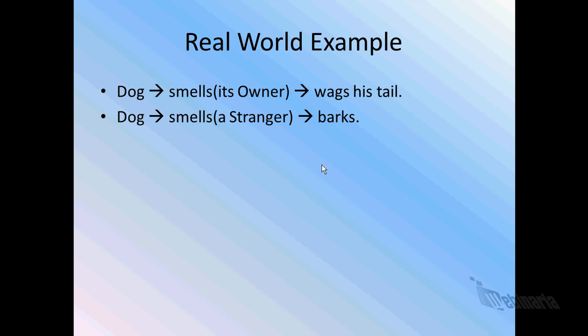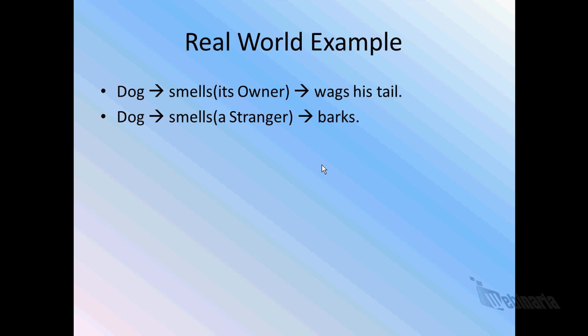So here the dog is the same dog doing the same work, this work of smelling, but it behaves differently. One time the dog is wagging its tail, and in the other situation the dog is barking.